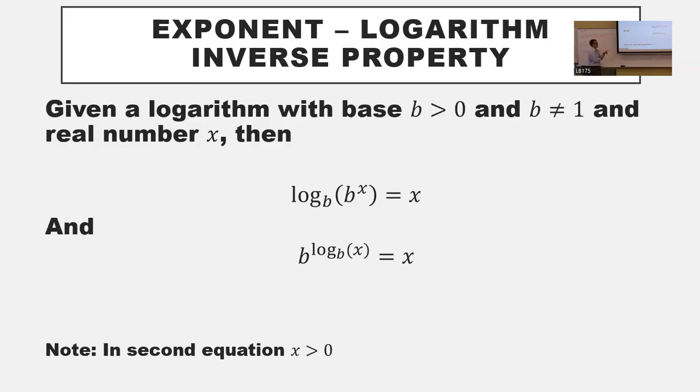So in that second equation, if I used a negative number, it wouldn't be true. So long as that x is a positive number, the second equation is true. So I do have to worry a little bit about domain there.